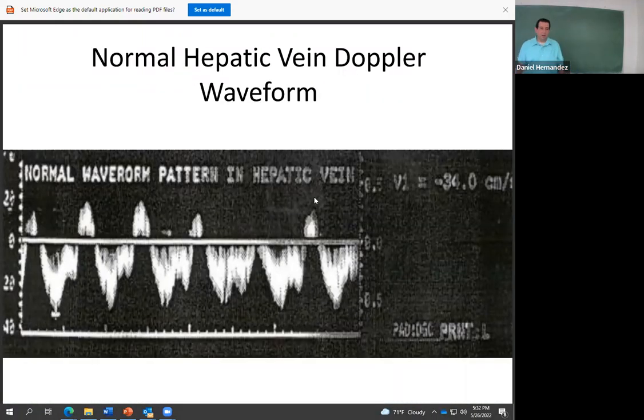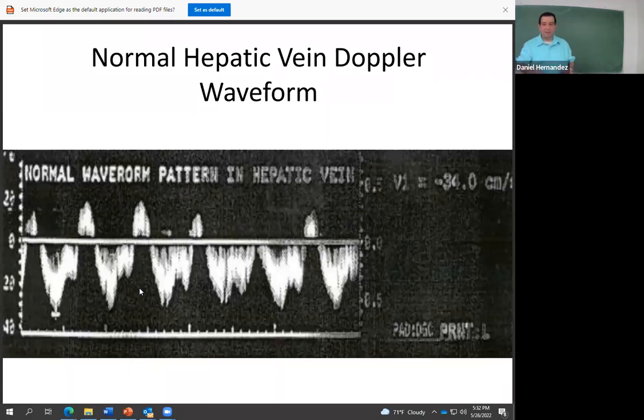So this is a normal hepatic Doppler waveform. You can see it is kind of triphasic in a way. It goes above the baseline, so it's very pulsatile. We don't actually describe this as biphasic, triphasic, or monophasic, because it's a vein. We don't have that influence of the heart to dictate systole and diastole. So this doesn't have any sort of systolic or diastolic component to it.